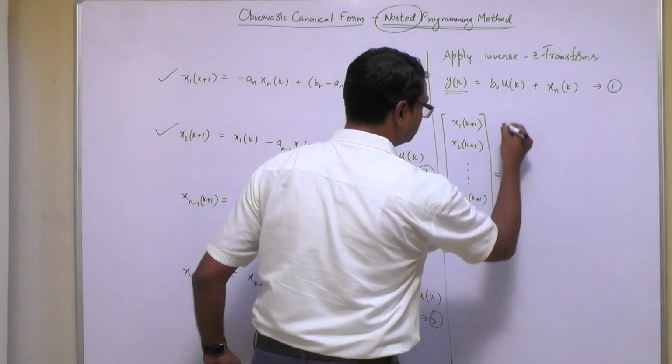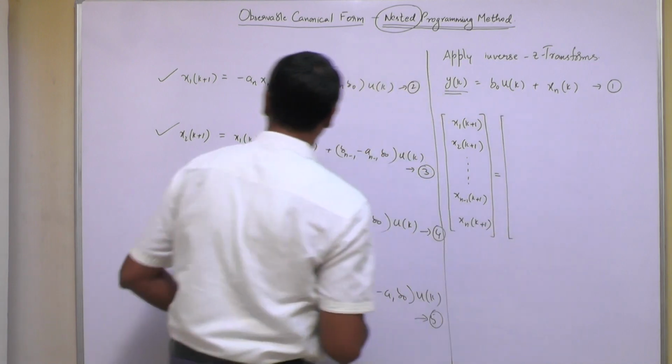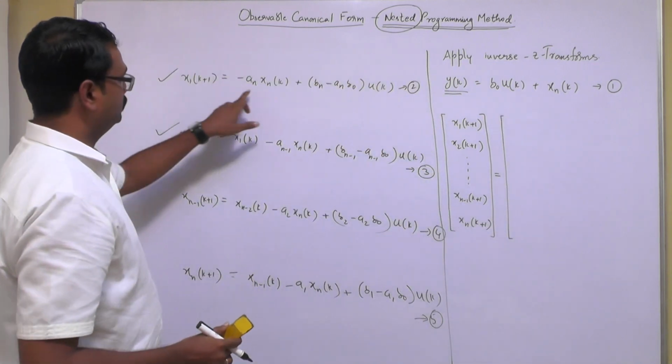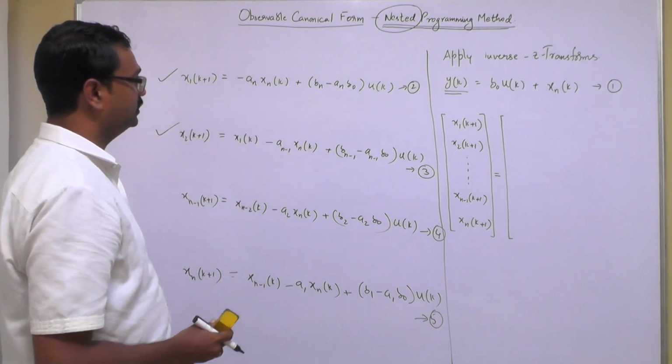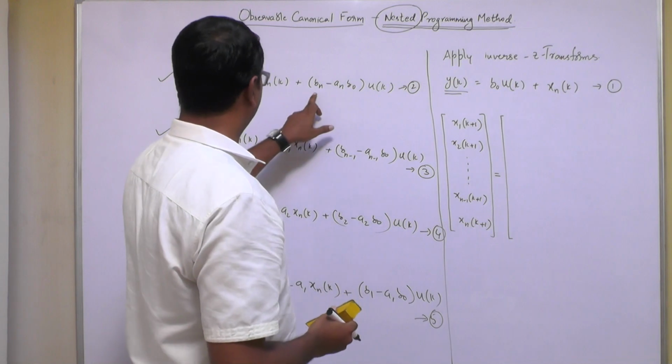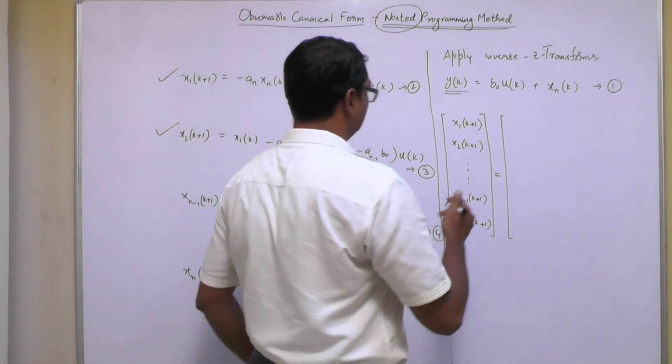When we have written this, you don't have x1k, x2k, so on up to xn minus 1k. So you have bn minus an b naught uk.